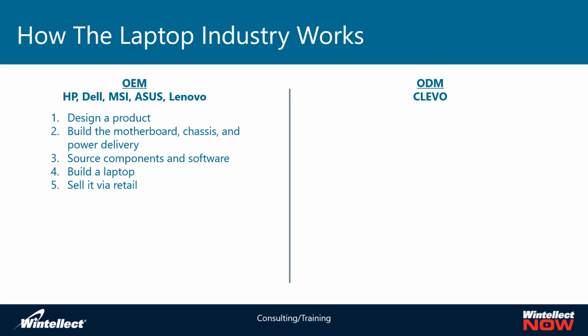Clevo kept coming up in a lot of different searches, so I dug deeper to figure out what they were, and it turns out they're an original design manufacturer. What they do is just like an OEM: they design a product, that is, they design the motherboard, the chassis, and the power delivery, and build it. So they build the actual PCBs, or maybe they outsource the PCB. They build the chassis it goes in and the power delivery for that.